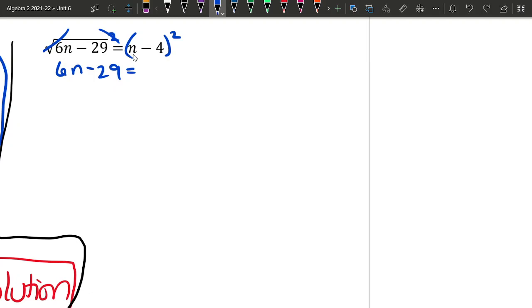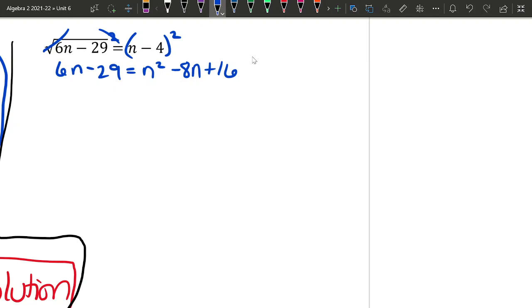Square the first part. I know it's going to be 3 pieces. Square the first part, so n squared. Double for the middle one. Negative 4 doubled is negative 8, and it needs an n. Square the last part: negative 4 squared is positive 16.